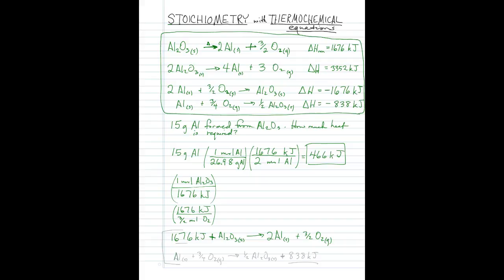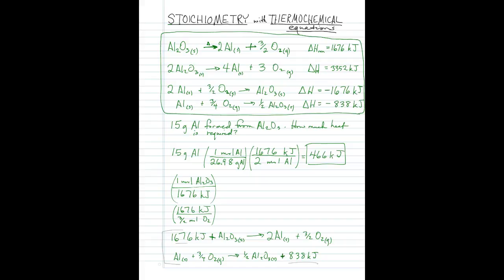So if I have aluminum solid plus 3/4 O2 gas, and it's going to make 1/2 aluminum oxide solid. Now I'm going to put plus 838 kilojoules because that's the amount for this equation, because we have, remember, we reduced the coefficients, but also it's a negative. Now, don't be confused by the fact that even though it's a negative, I've put a plus in the equation.